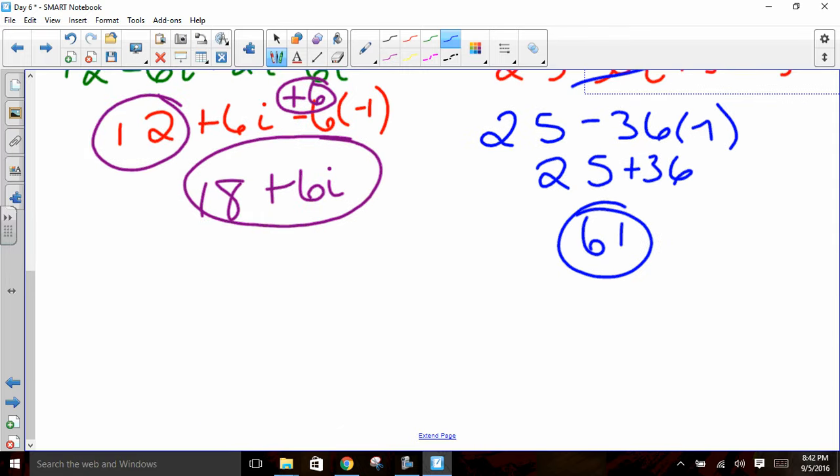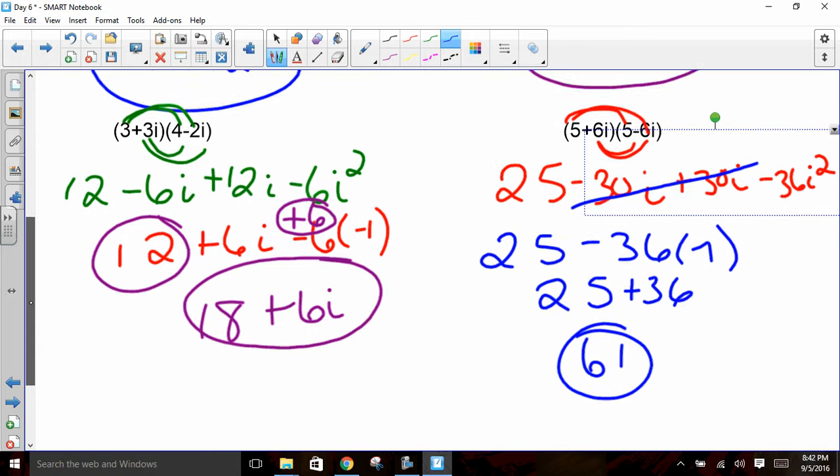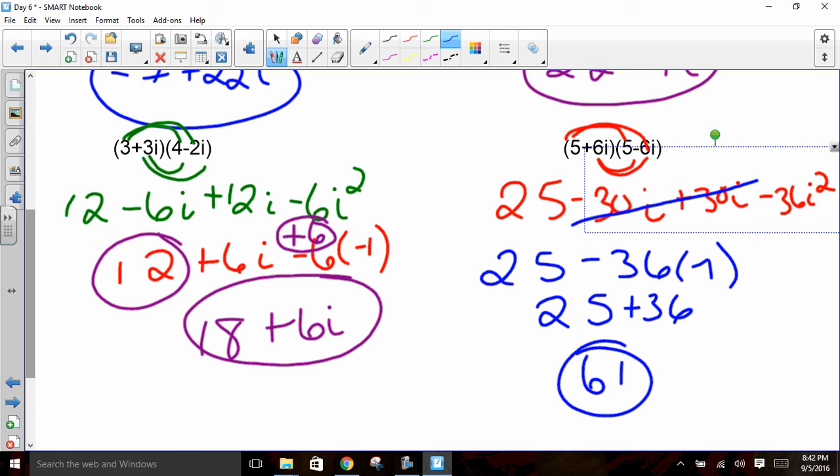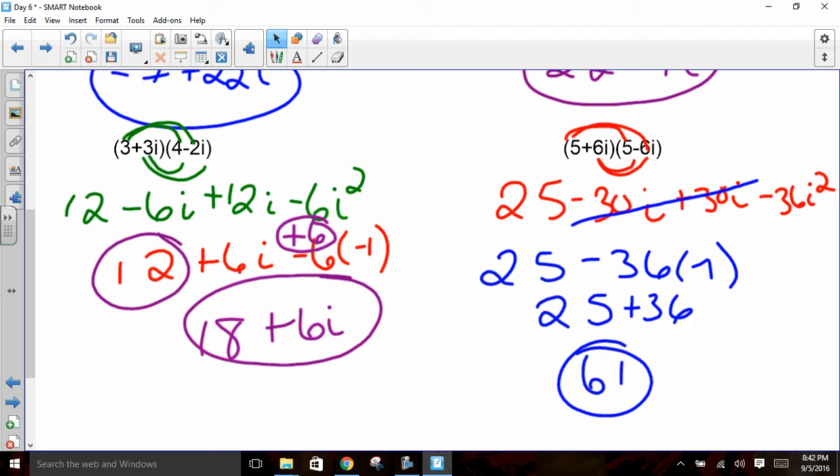So in this last example, I ended up having my imaginary parts cancel out. Well, if you notice in the beginning, the only difference between my first set of parentheses and my second set was that sign in the middle.